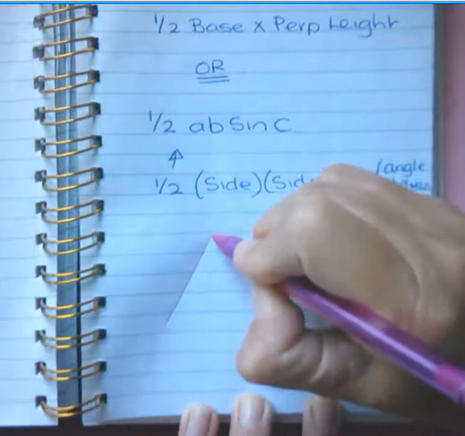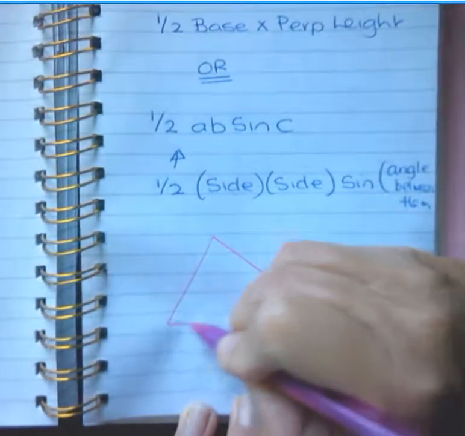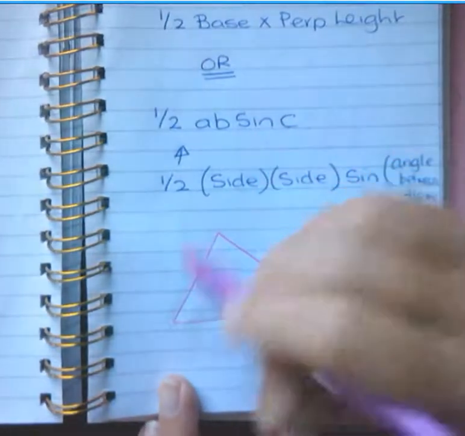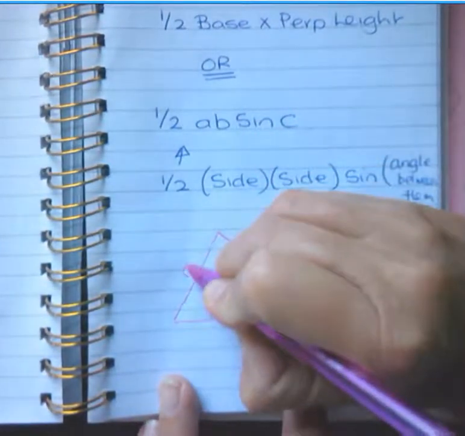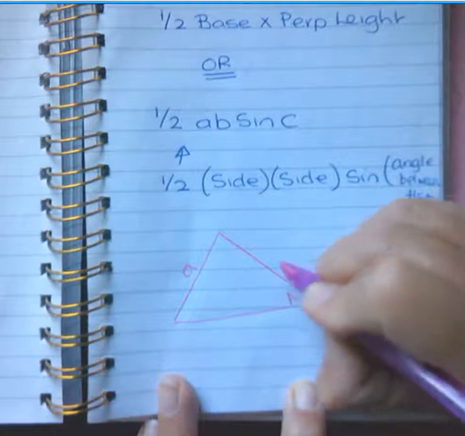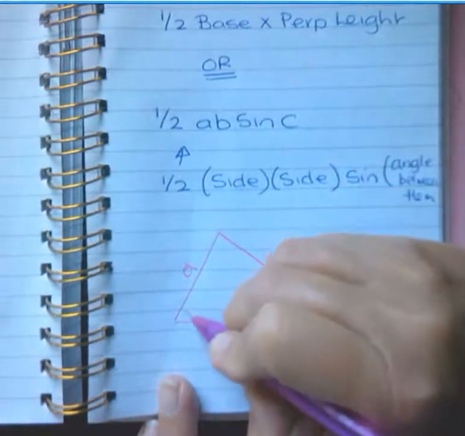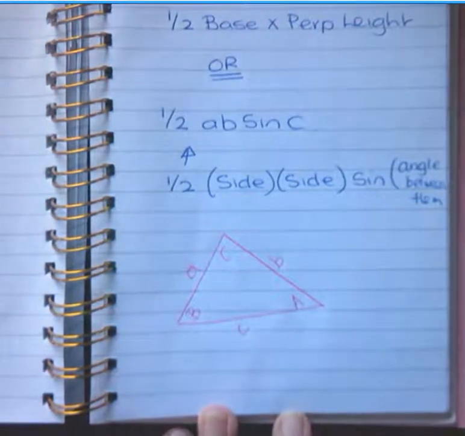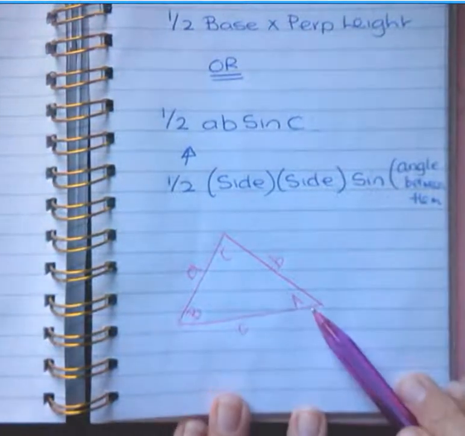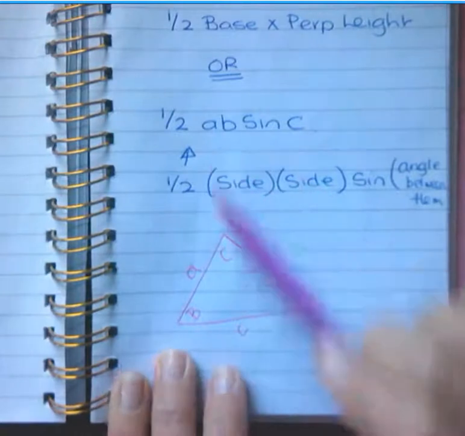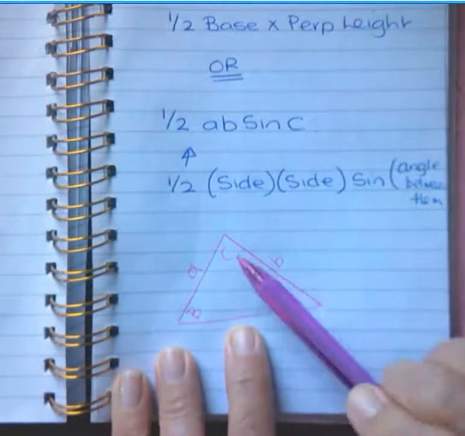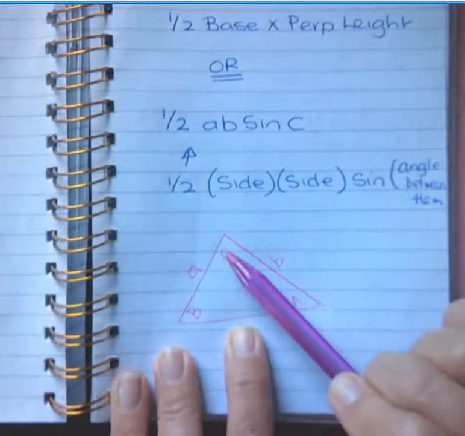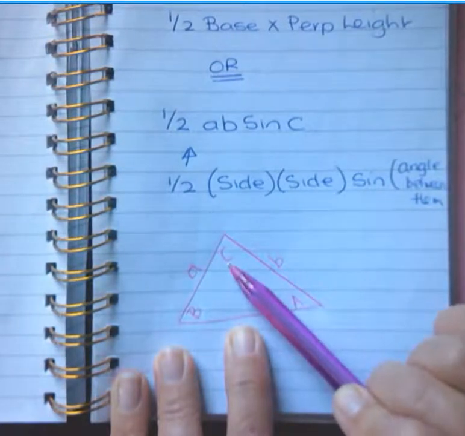So you can have a triangle. It doesn't have to be a right angle triangle, and you know the sides. So this would be A, this will be B, and that's C. If we wanted to work out the area of this triangle, we could go half AB sine C. So half the side times the side times the sine of the angle in between.